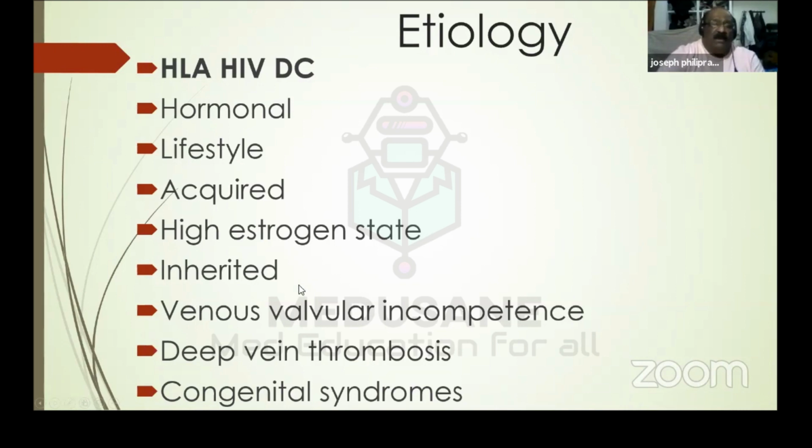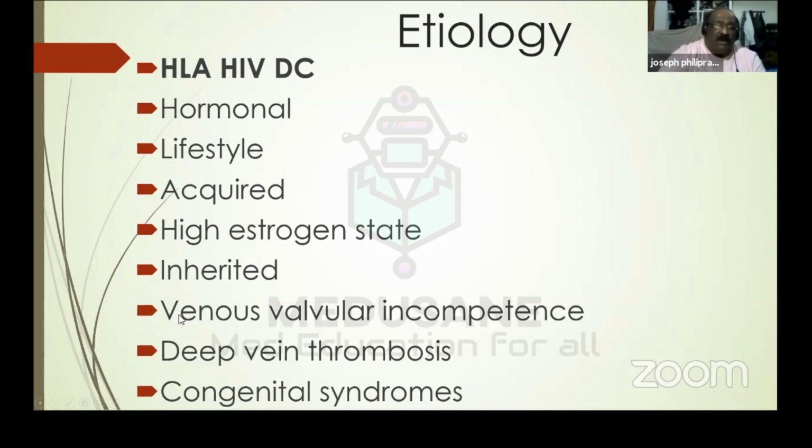Then inherited. In some families, there is a family history of varicose veins. So HIV is high estrogen state, inherited, and the majority of them is due to venous valvular incompetence.